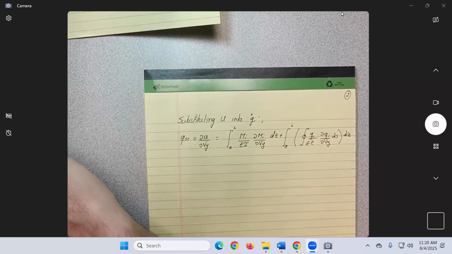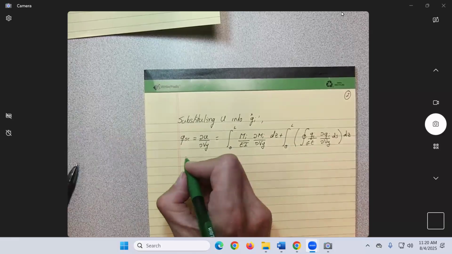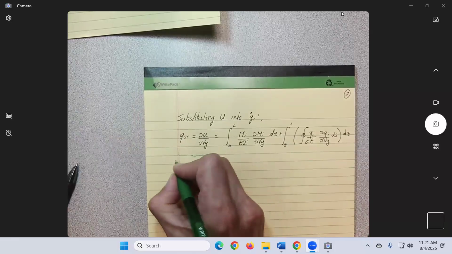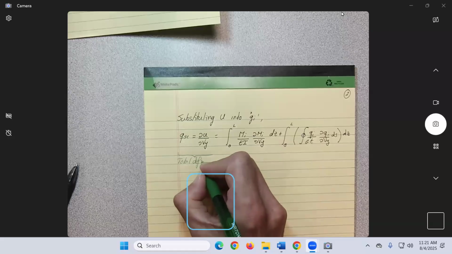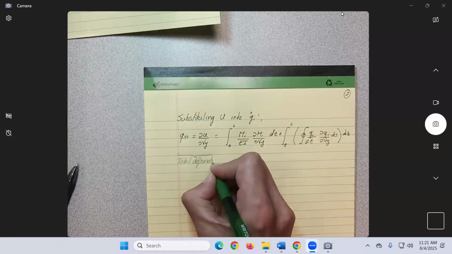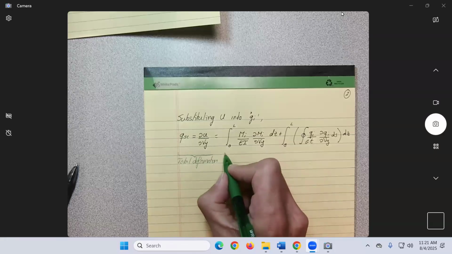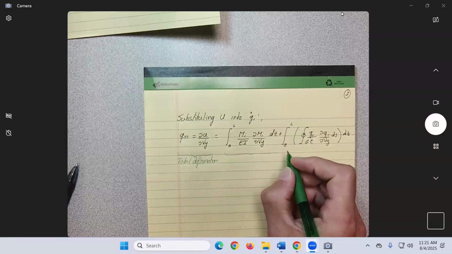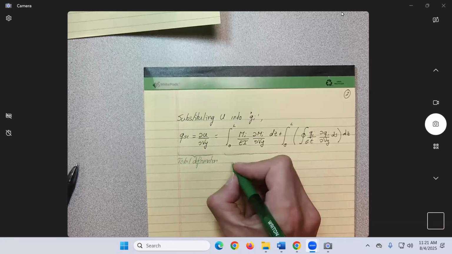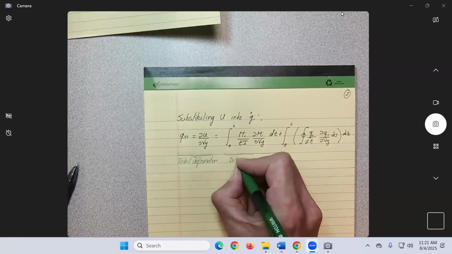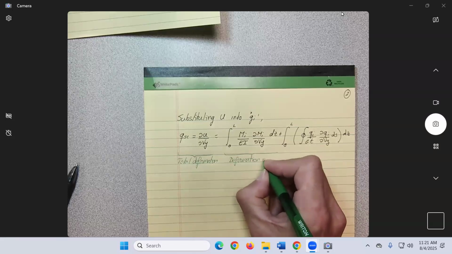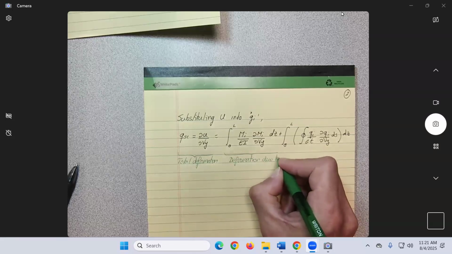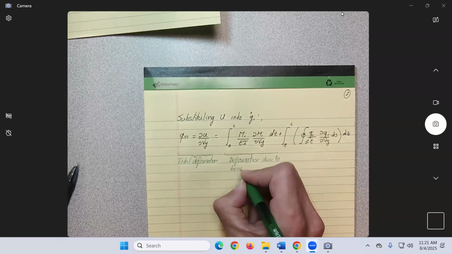Okay, so again, I don't have it red over here. Maybe I could go get one. This would be the total deformation. This would be the deformation due to bending.